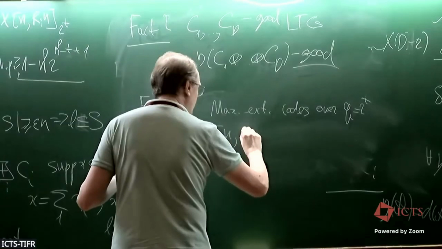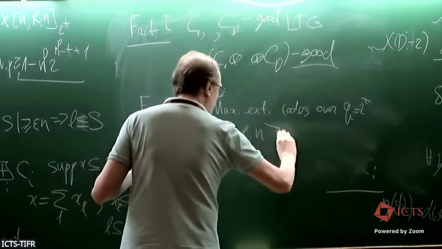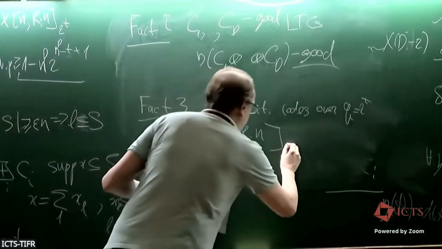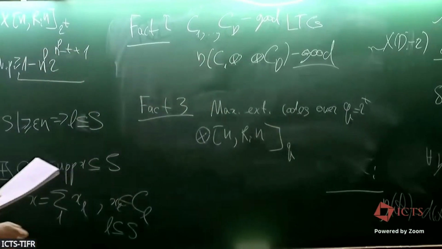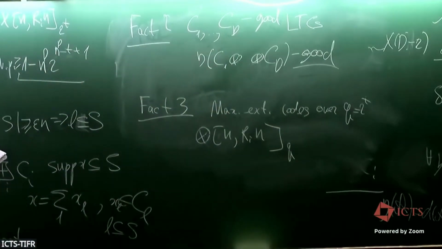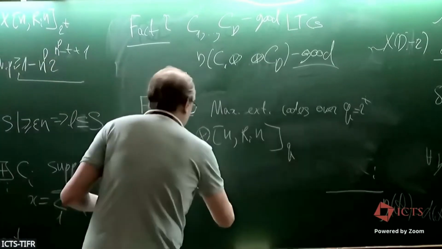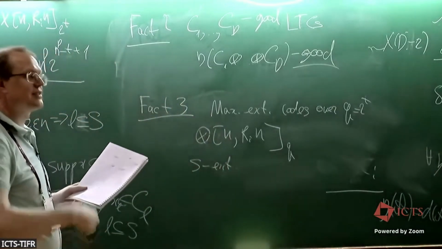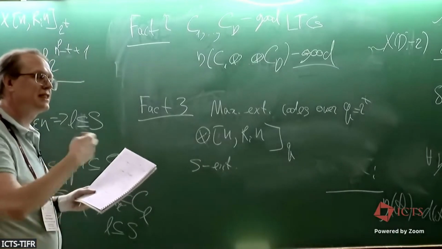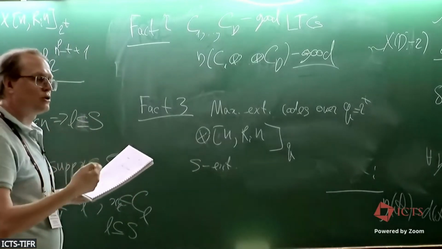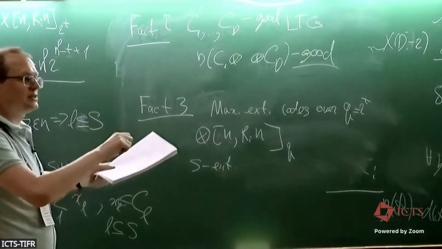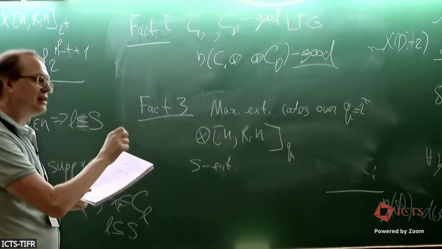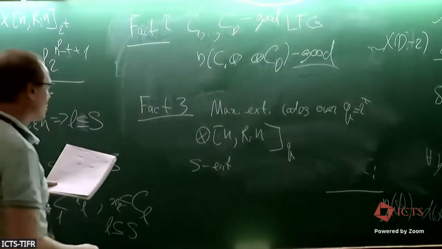So let us fix the rates and consider the codes with these parameters, all possible codes. And we also, for example, choose this field size. And we say that the code is maximally extendable if whenever S is extendable in one of the codes from this family, it is extendable in this code. So it means that it extends as many S as possible. From the sheaf theoretical point of view, it means that this code as a sheaf has this maximal extendability property that local sections are extended to global sections.